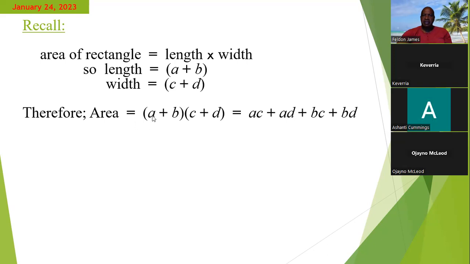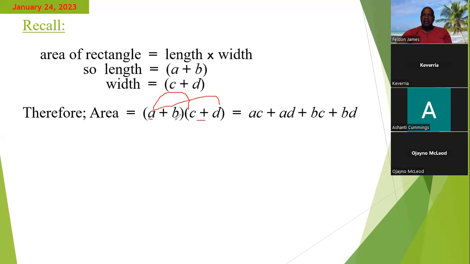All right, so as I had mentioned before, you use the first bracket. Each term within the first bracket, you use them once to distribute in the second bracket. So using the A, you multiply distributively. So A times C, then A times D, right?